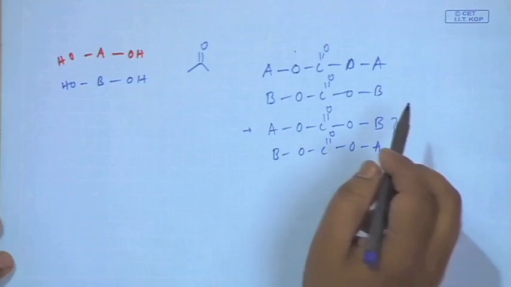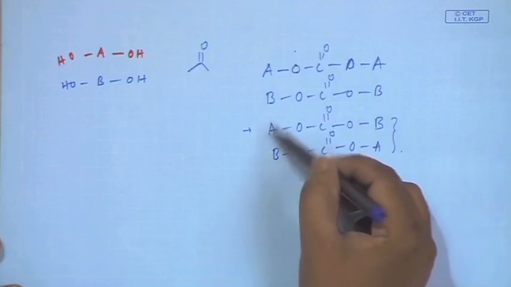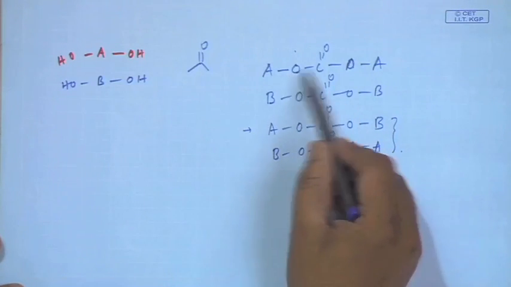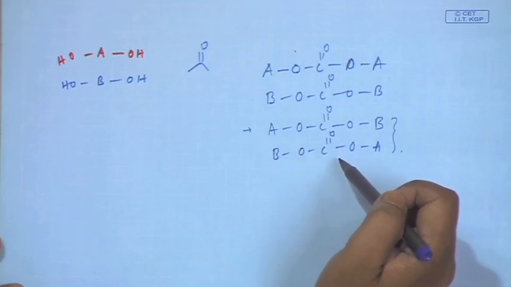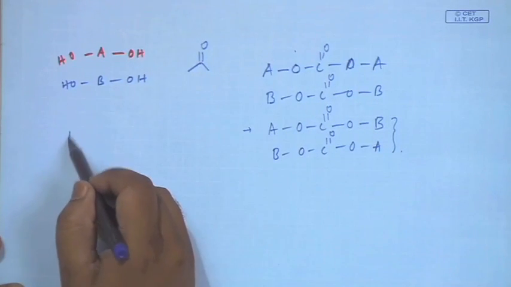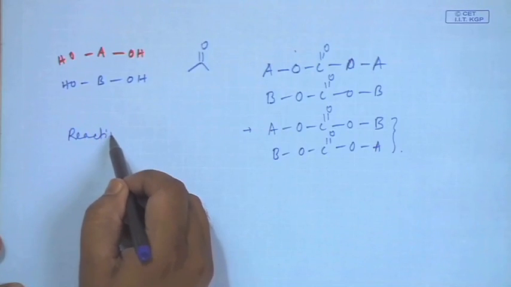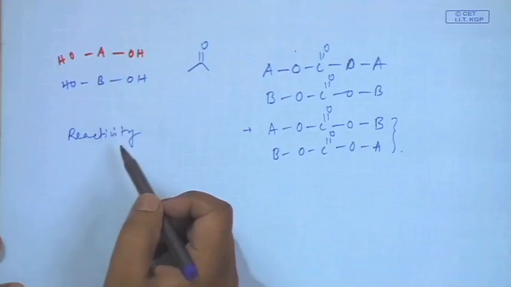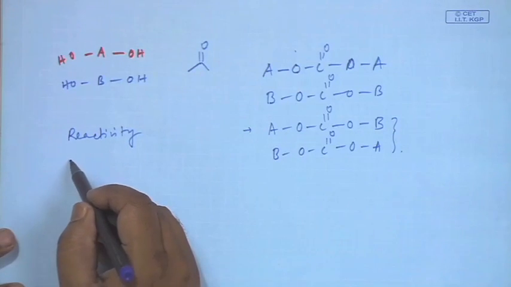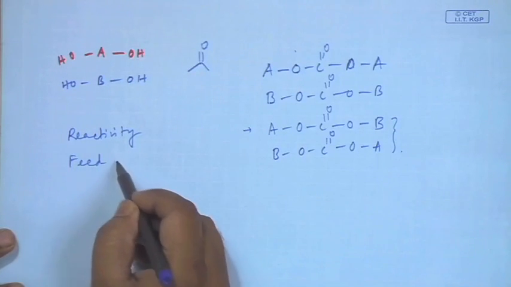These two are similar. Now, in a copolymer chain, which will be favorable? Of course, that depends upon the reactivity of the monomers, in this case A and B, and obviously the feed monomer composition.